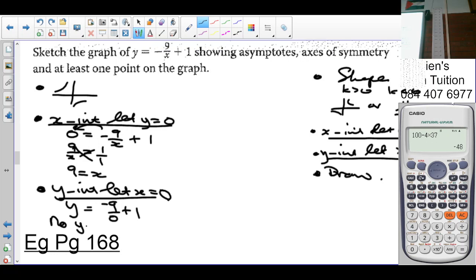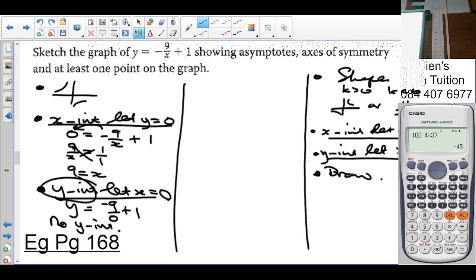No y-intercept. So I'm calculating the y-intercept. So what do I do then? If I look at this graph, at least I would want another point on this graph. Not so? So how do we generate another point on this graph? We let x equal to 1. So do that calculation.